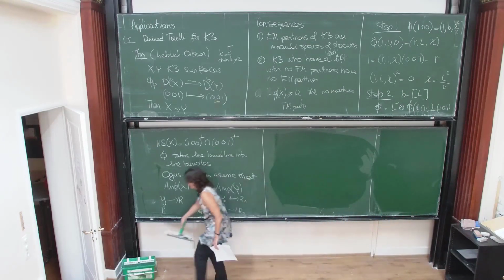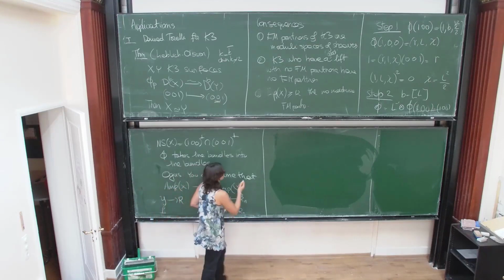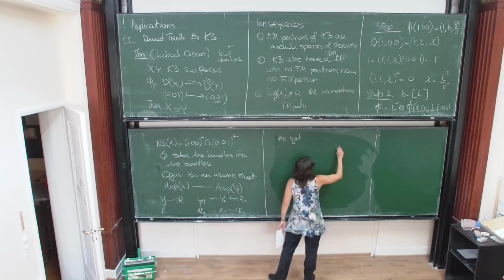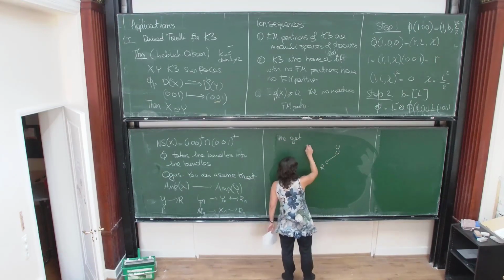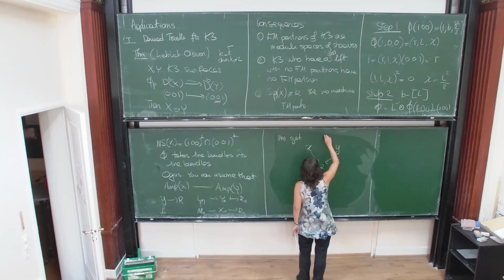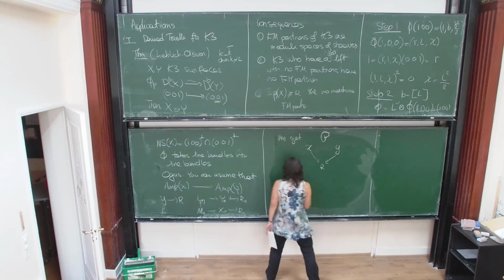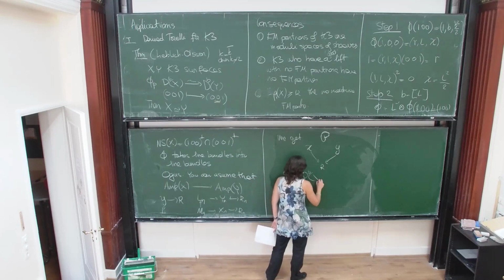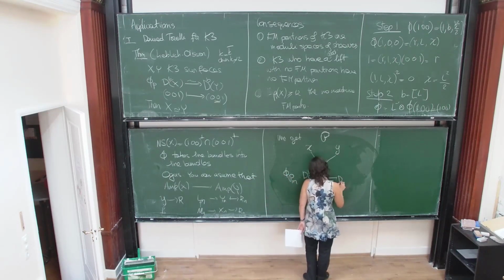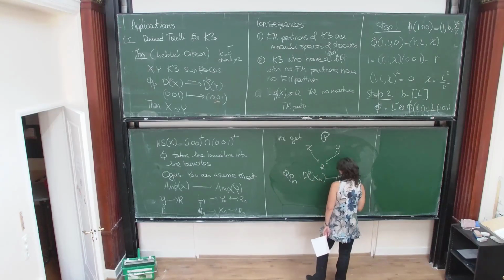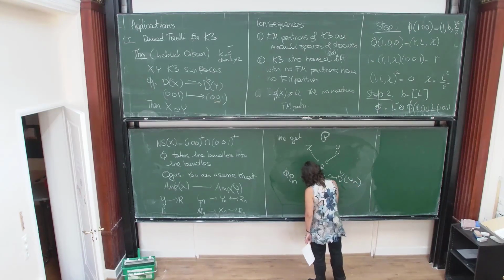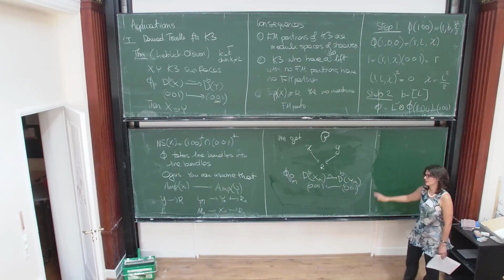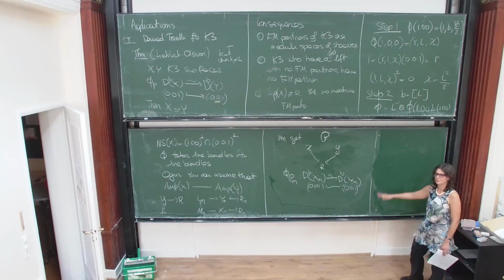So let's write it down. We got Y over R, X over R projective, and an element eta such that Phi from D^b(X_eta) to D^b(Y_eta) is an equivalence, and this sends (0, 0, 1) into (0, 0, 1). It's like invariance of polynomial.